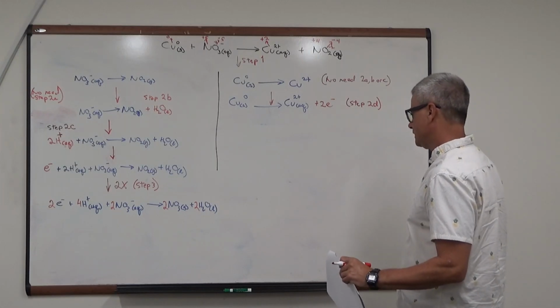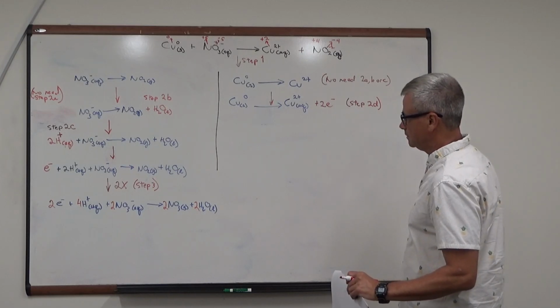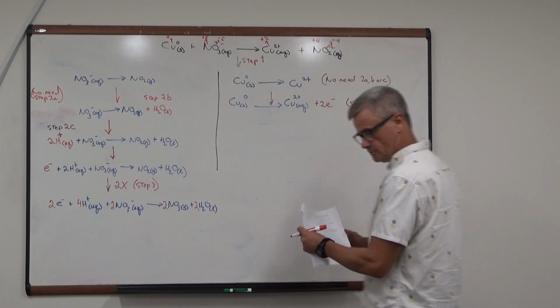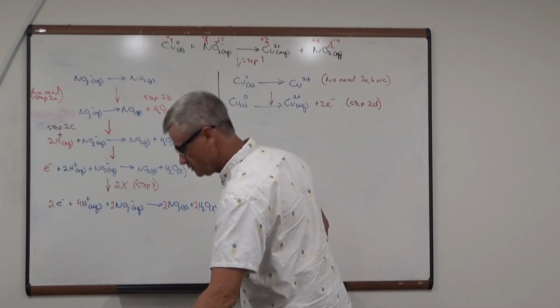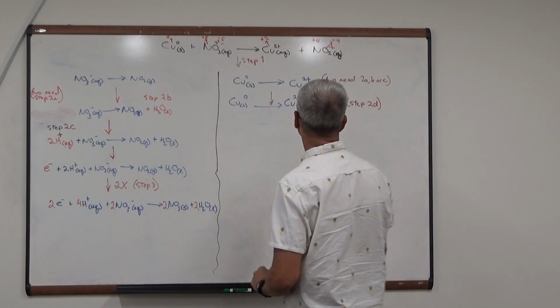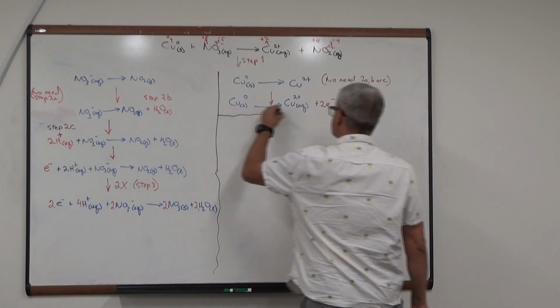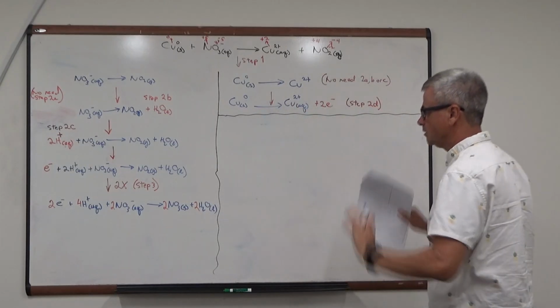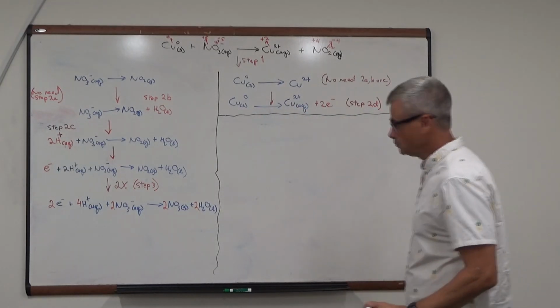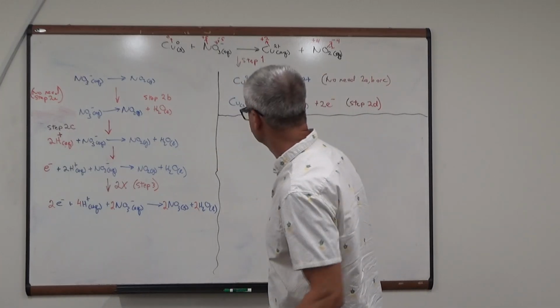So now we can actually add these two half reactions. I'm going to do that in this space right here. I'm going to rewrite these just so they line up nicely. I'm just trying to be super clear, so pardon me if you're wondering why he's bothering to rewrite those darn things.